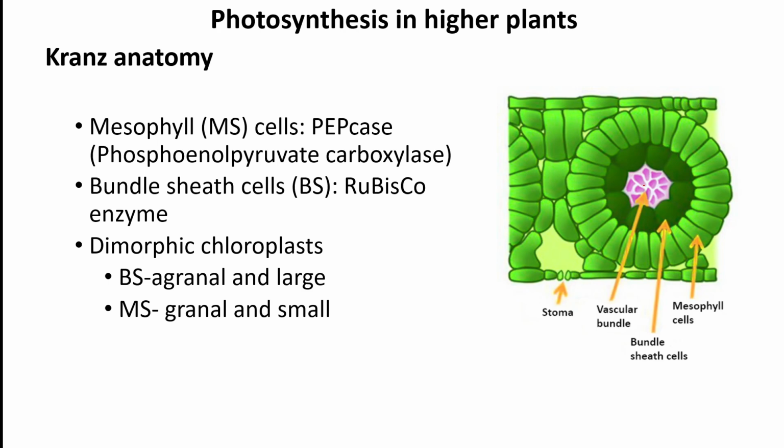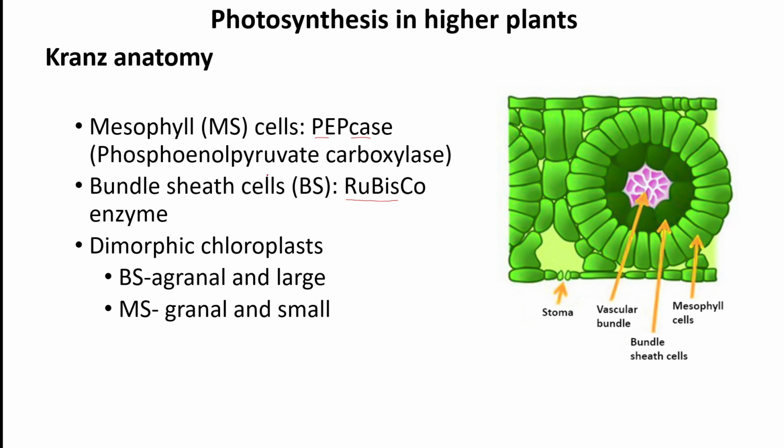Now, what happens in mesophyll cells? An enzyme is present which is known as PEP carboxylase. So in the C4 cycle, two enzymes are involved, Rubisco and PEP carboxylase, phosphoenol pyruvate carboxylase. In bundle sheath cells, another enzyme is present, which we have already talked about, Rubisco.